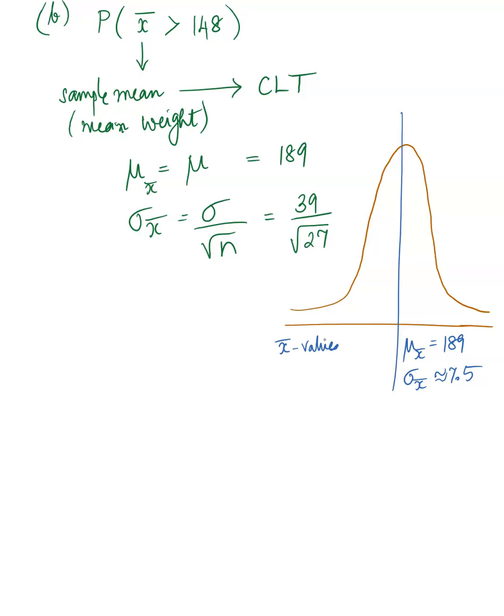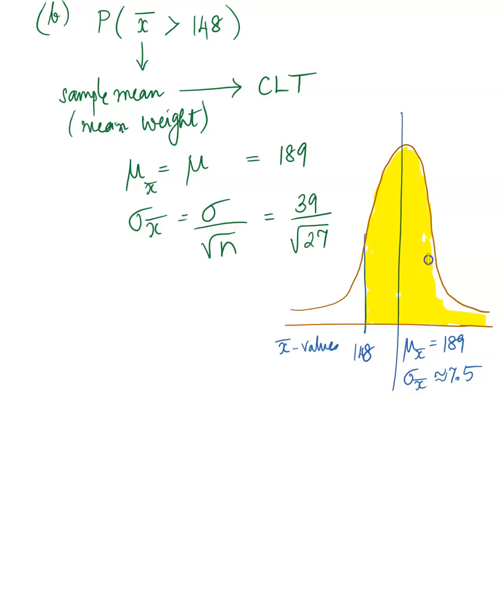All right, so greater than 148. So here again, I'm going to mark this at 148 and shade this region to the right of it. Here too, I expect a higher probability, because the area is going to be larger.